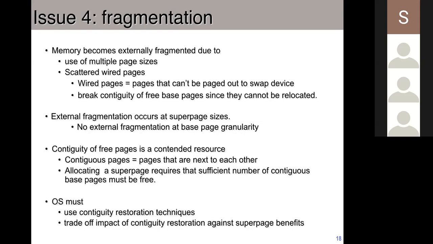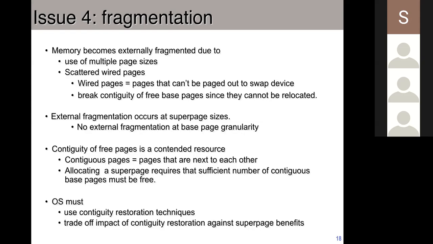But with super pages, now your external fragmentation problem comes back, because now we're going to have different sized super pages, and at super page granularity, you might have situations where, let's say that you need a super page of size 16 base pages, 16 base pages next to each other in physical memory. But then now you can't find any region of physical memory where 16 base pages are next to each other. You might have some base pages free here, some free there, some elsewhere.